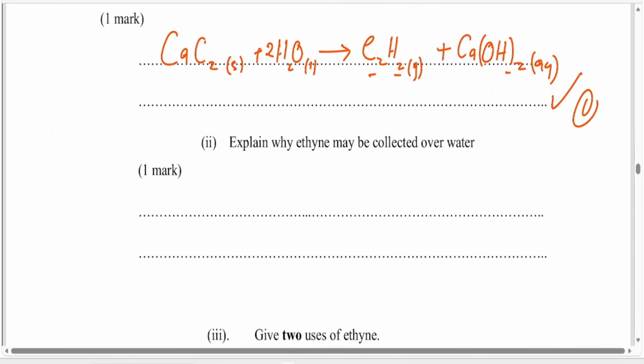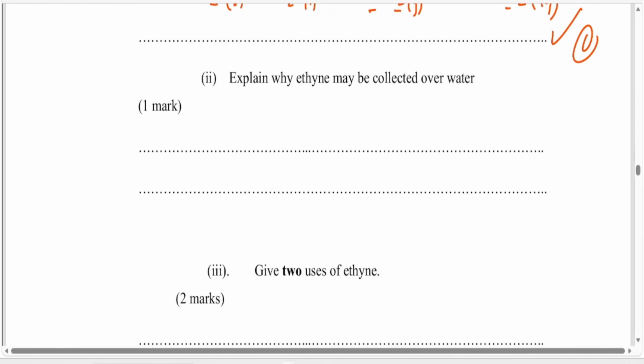Roman 2, explain why ethyne may be collected over water. Ethyne is usually collected over water, and this is because it is slightly soluble in water and it does not react with it.